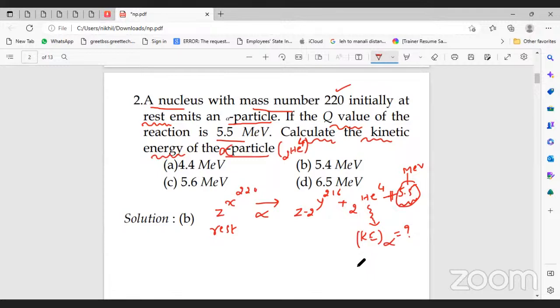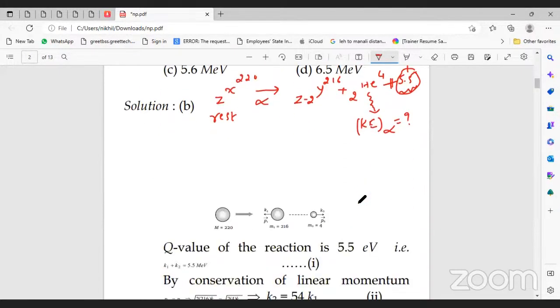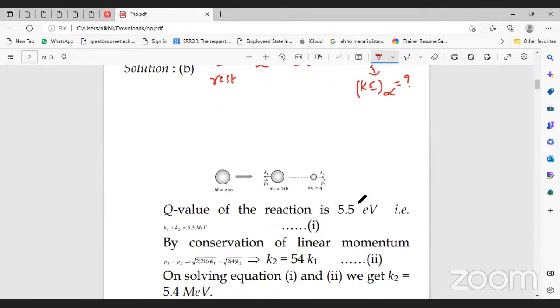If you want to find the kinetic energy, you must know the velocity of the alpha particle, that is helium nuclei. To find the alpha particle velocity, you have to make use of the conservation of momentum. So what is the momentum formula? You know that.